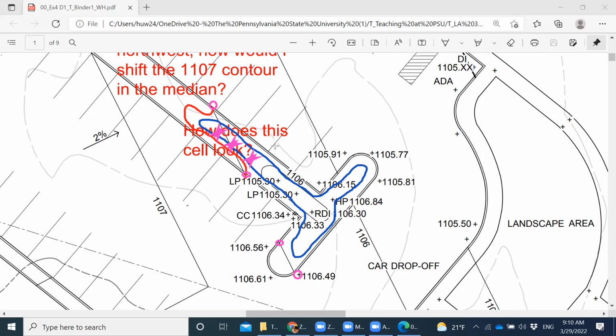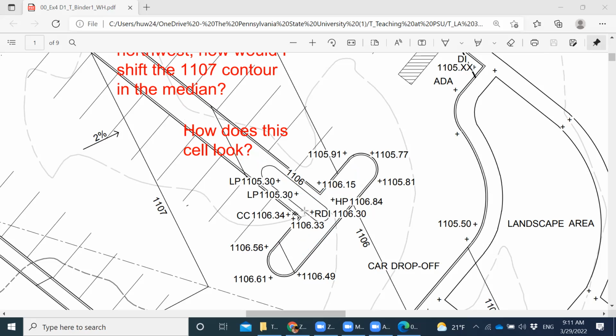All right, so that's basically the question. Okay, let me save that one. Then I'll clear, and then let's check the elevations. 1106.334, and that's your DI, and that's your RDI. Your RDI is a little lower than that.